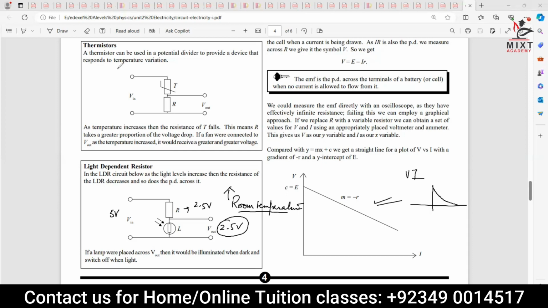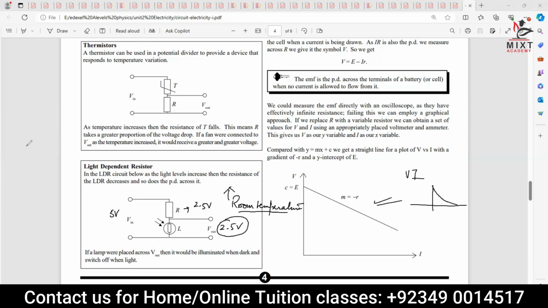Copy that, please. Also draw this circuit as well.